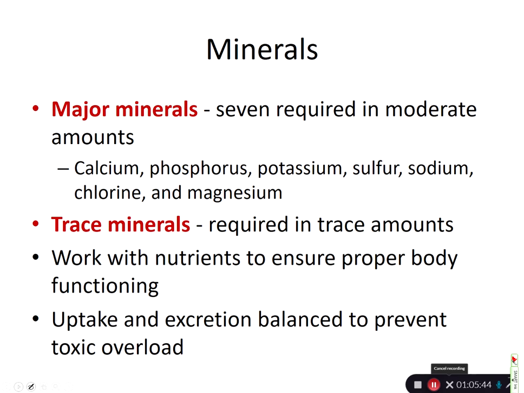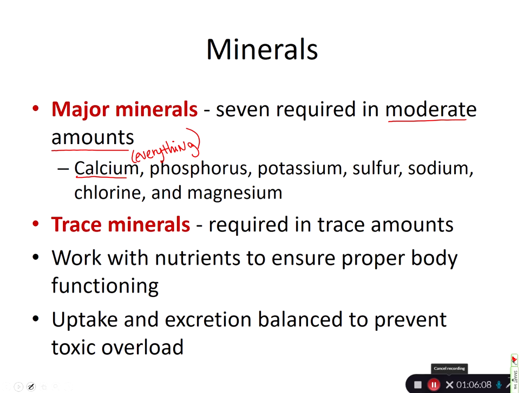Some of the major minerals that we get in our food: we need these in moderate amounts if it's a major mineral, and those are listed up here. So these are going to be things like calcium. We've got to have calcium, and we need calcium for everything. If we think back to muscle physiology, we need calcium.